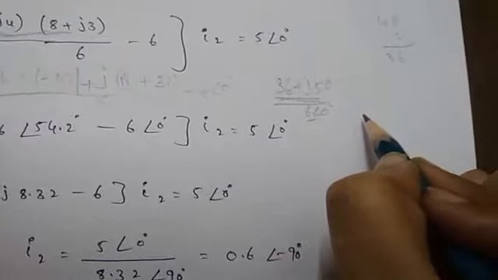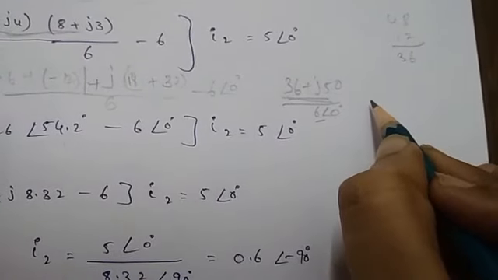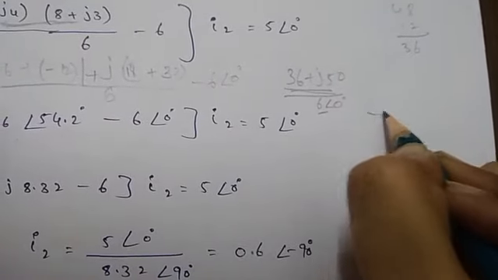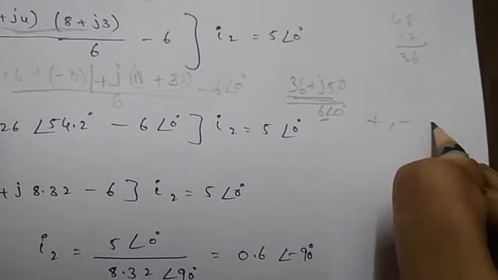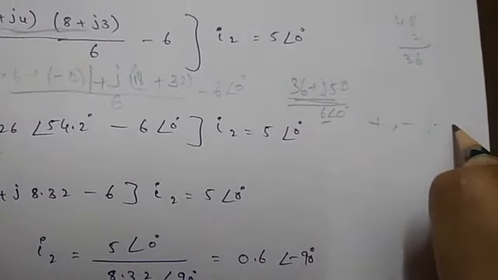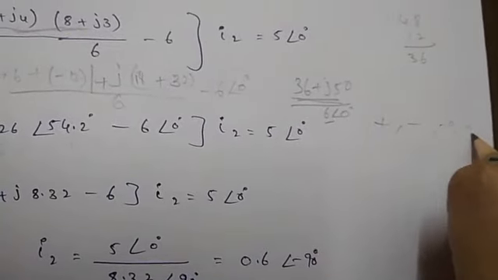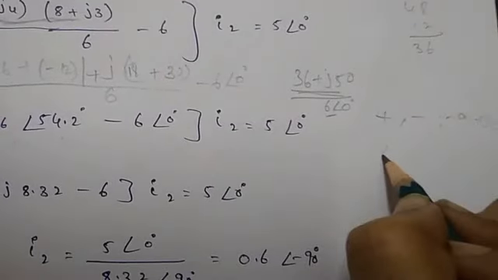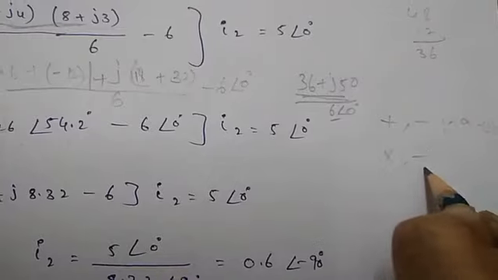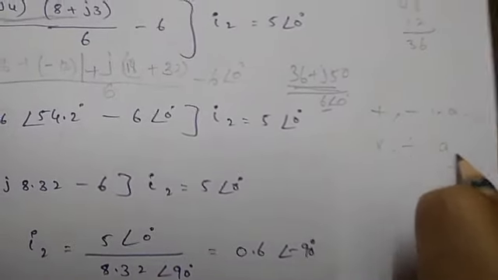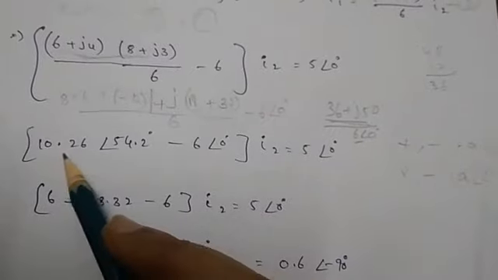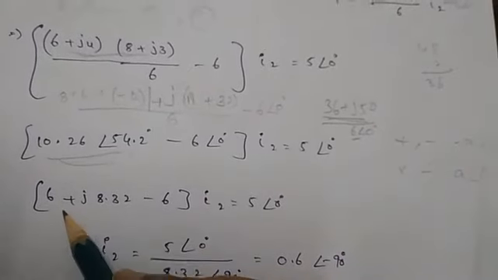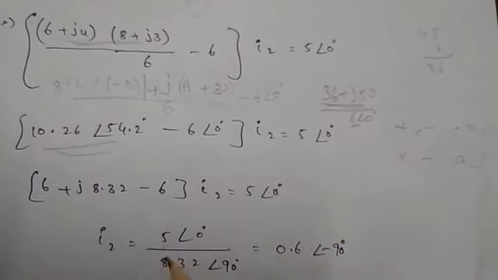One thing I will say: to perform arithmetic operations of addition and subtraction, it is easy with A plus jB format. For multiplication and division, A angle theta will be easy. So to perform your arithmetic operation, try to convert into real and imaginary values.